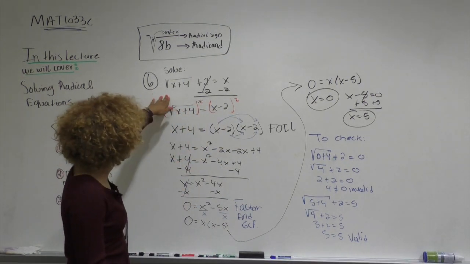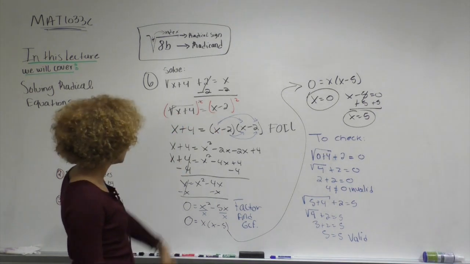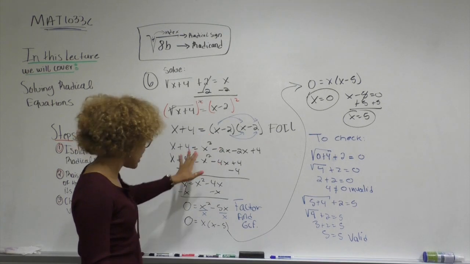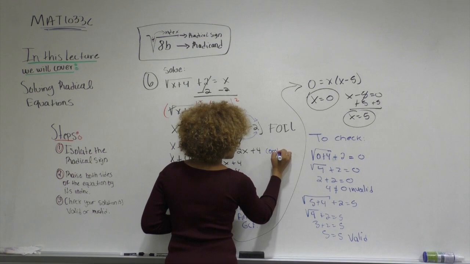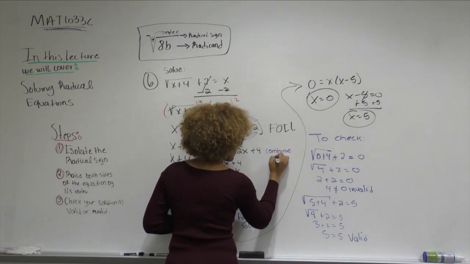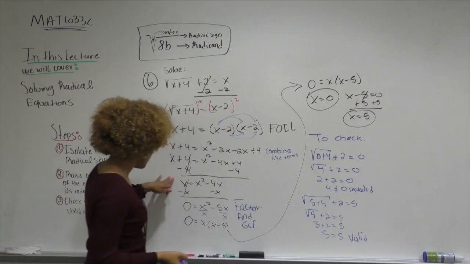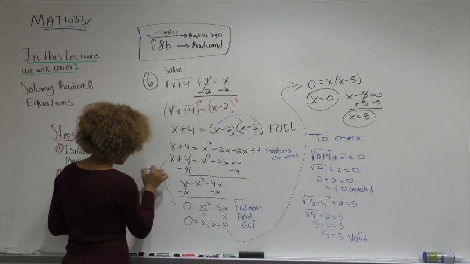Okay. So we isolate the radical. We then square both sides. We FOIL, double distribute if you like. Combine like terms. Let me do that here. Combine like terms. Then from here to here, make it equal to 0.